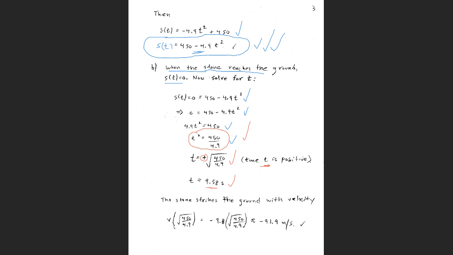So if somebody drops a stone from the tower and you're at the bottom, you have 9.58 seconds to get out of the way, right? Actually, get out of the way a little before then.